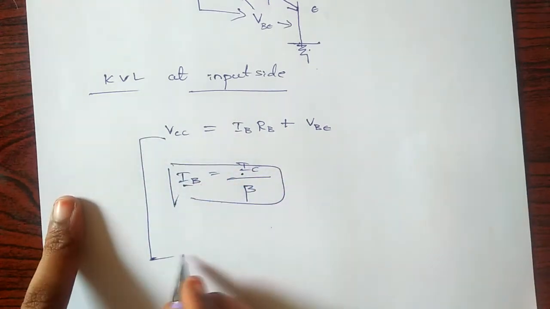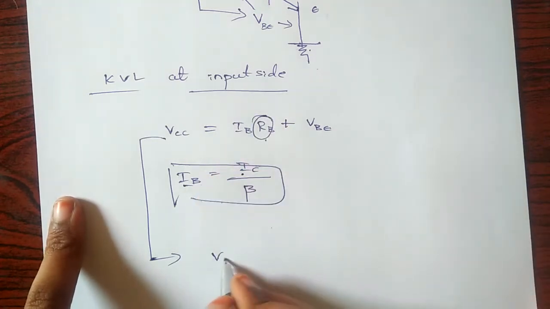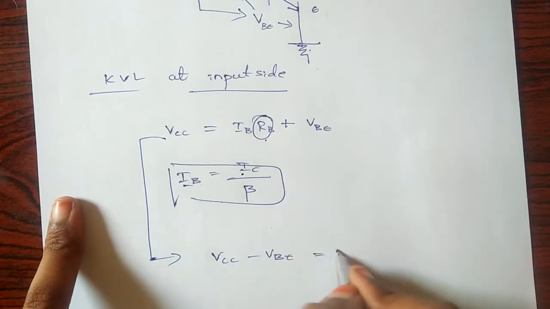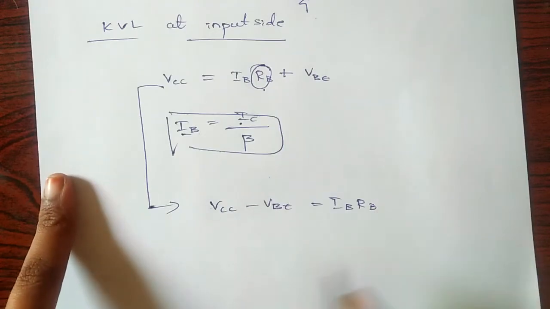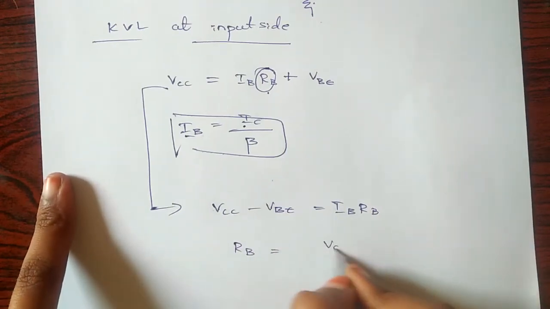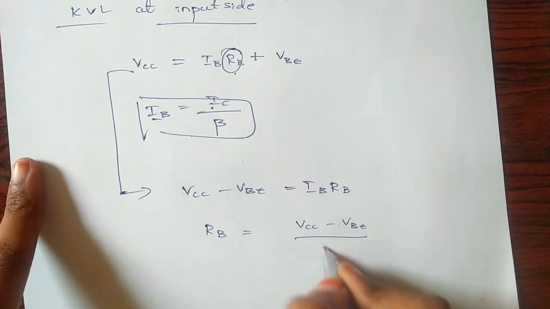us come to this point. Find RB. To find RB, VCC minus VBE is equal to IB RB, where RB is equal to VCC minus VBE by IB.